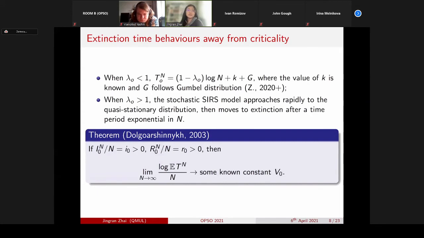We found that for the subcritical case, the extinction time is of the order of log n, and it can be written in this form, and we know k and the distribution of G explicitly. When the SIRS model is supercritical, Stochastic in 2003 shows that essentially the model will approach what we call a quasi-stationary distribution very quickly, and then stay there for exponential in n amount of time, and then move to extinction.